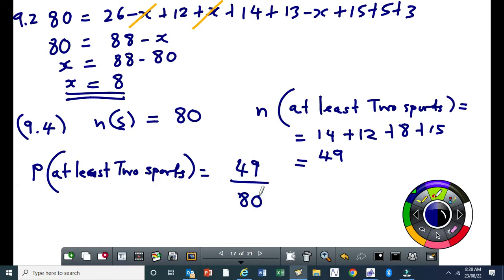Now, you can't simplify that at all, because there's no common factor between 49 and 80. And there is no need to convert it to a decimal. So you leave your answer like this. You're wasting time if you convert that to a percentage, because they are called equivalent fractions, remember.